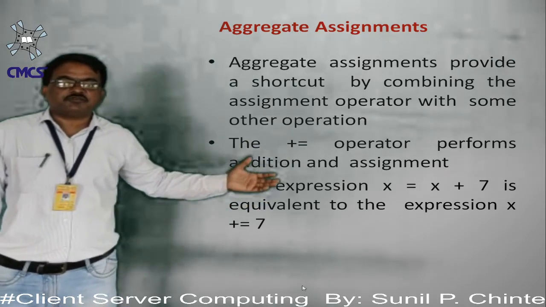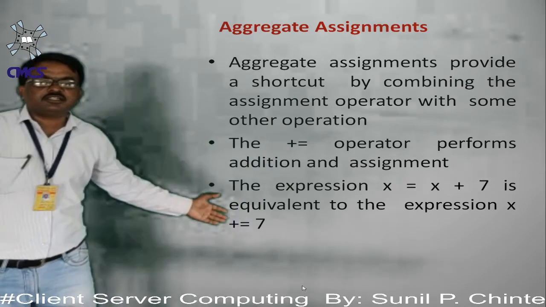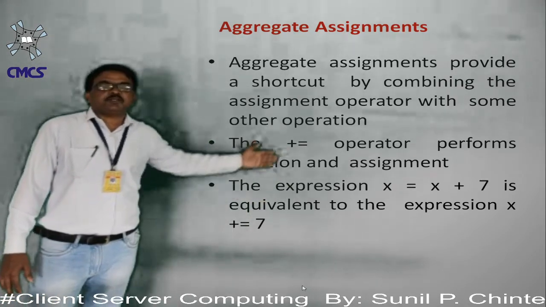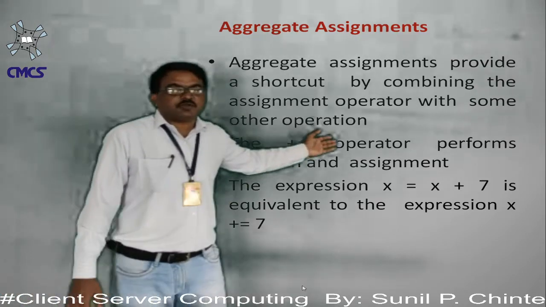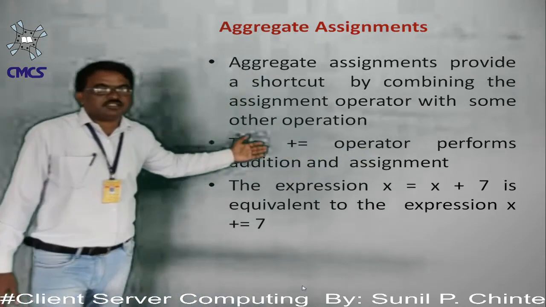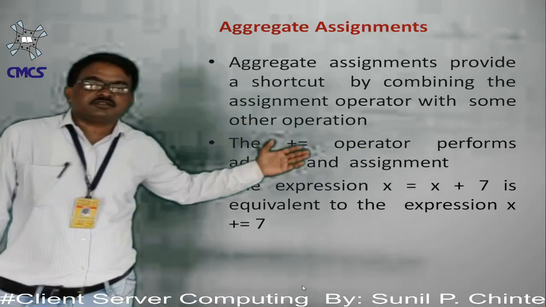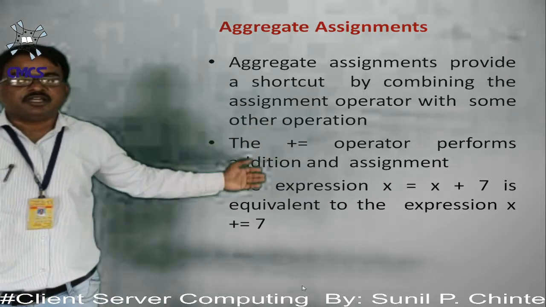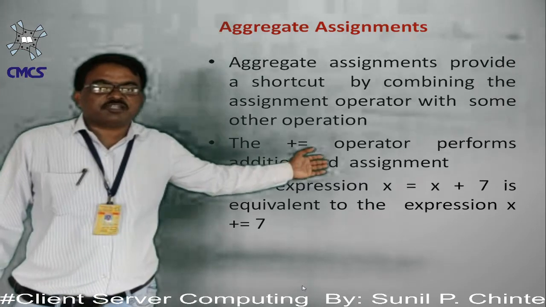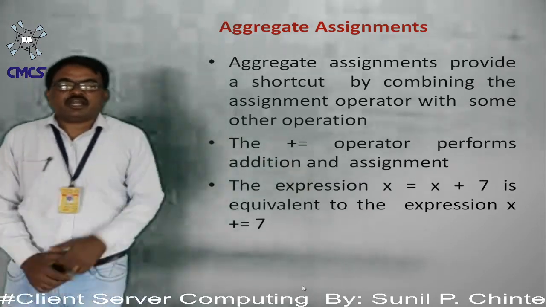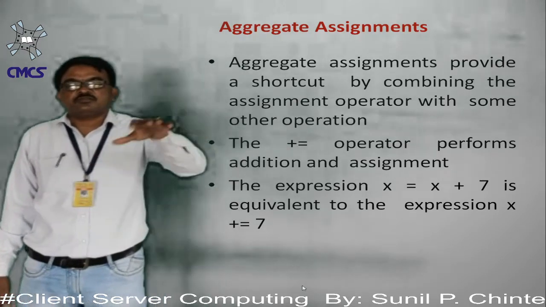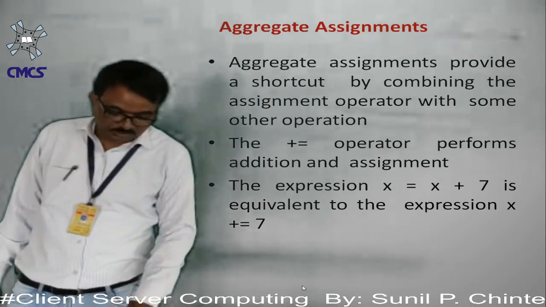The expression x plus equals to 7 can be represented as x equals to x plus 7. This is called an addition with assignment operator. It means we are adding 7 to x, and whatever result comes, we assign it to the same variable, that is x.